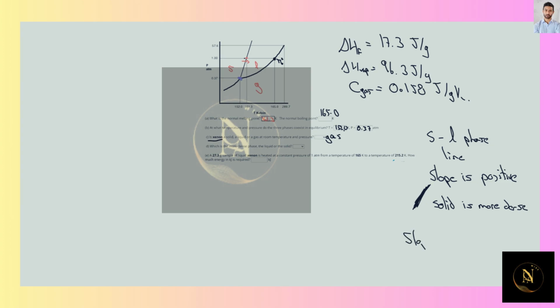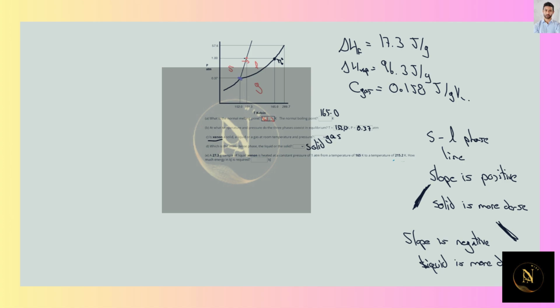If the slope is negative, as is the case for water, it does something like this. What is going to occur is that the liquid is more dense. So in this case, the solid is going to be more dense because the slope is going to be positive.